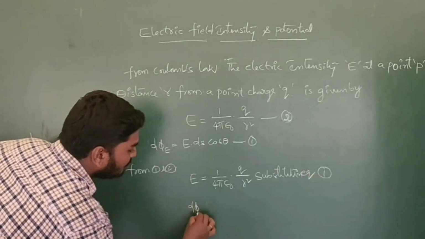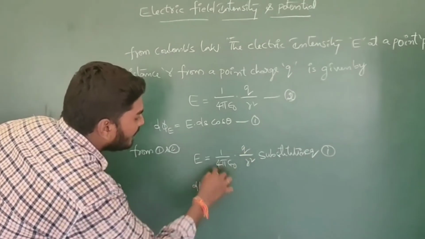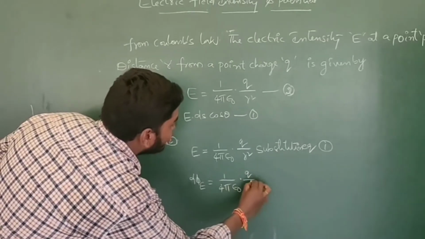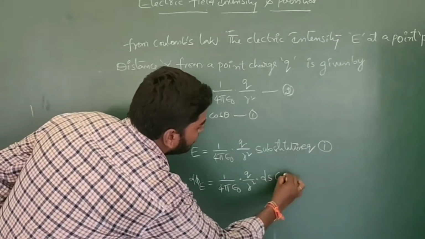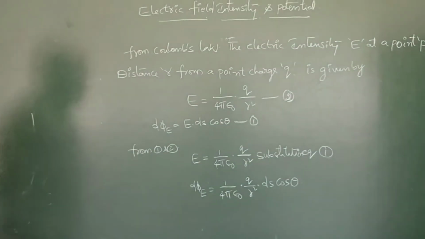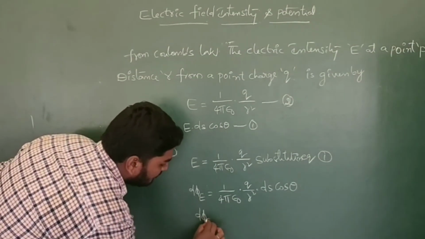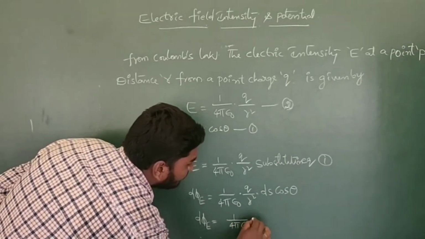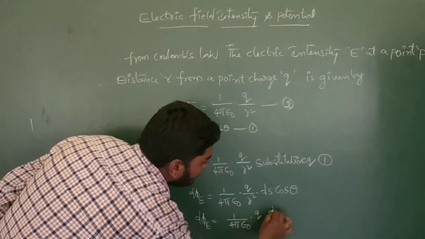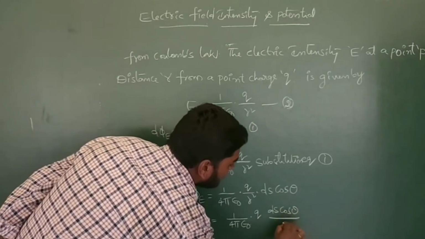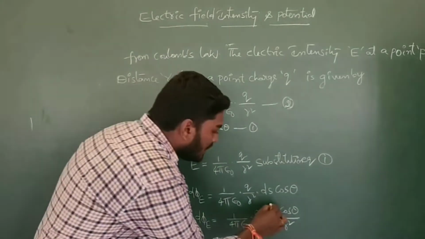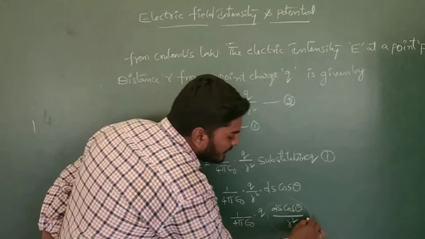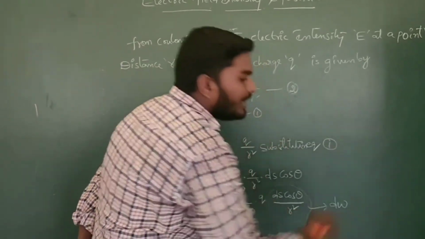So d phi equals 1 by 4 pi epsilon naught into q ds cos theta by r square. This is the solid angle equation: ds cos theta by r square is nothing but the solid angle d omega.